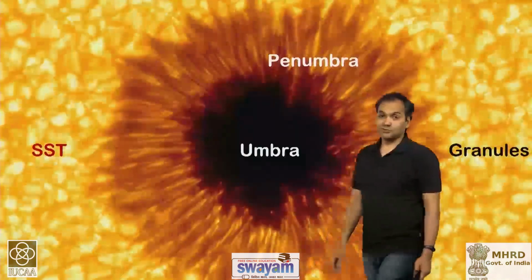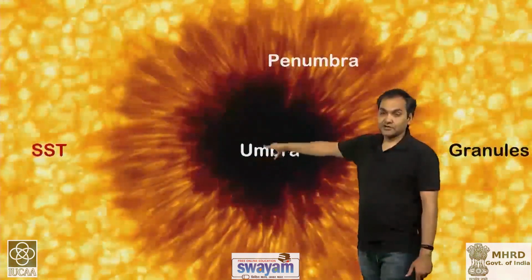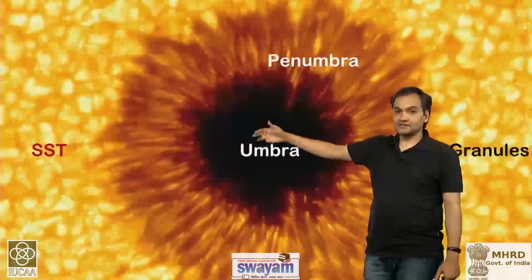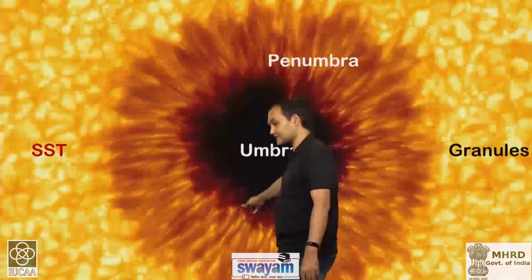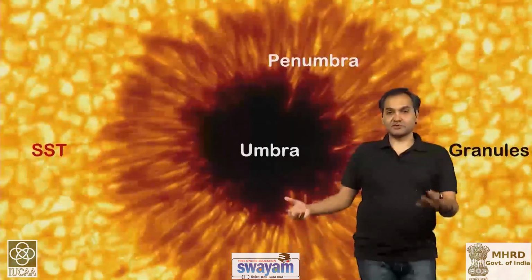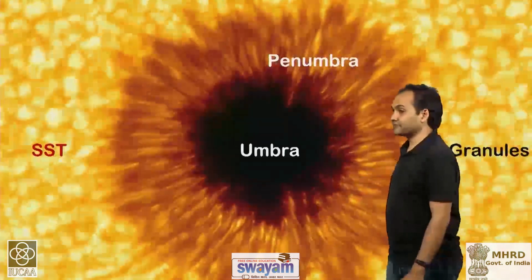Now, why do sunspots look dark? I will mention tomorrow that these sunspot regions have a very strong magnetic field, and in a strong magnetic field region the convection is essentially quenched. Therefore, the plasma which is supposed to come through convection is not coming, and the region is less bright.